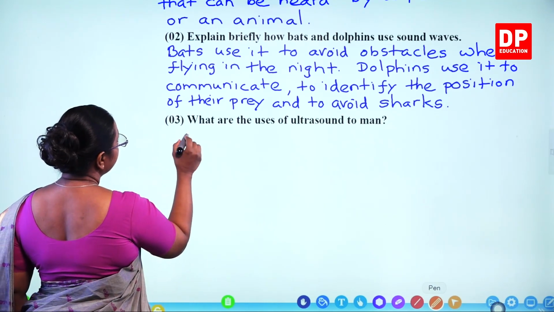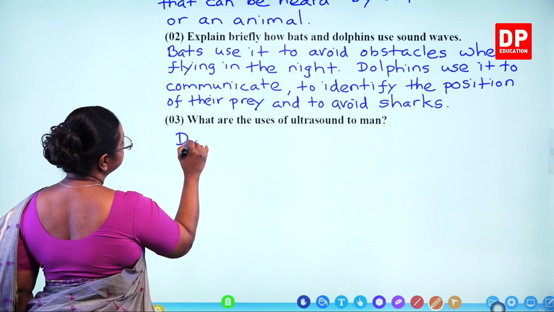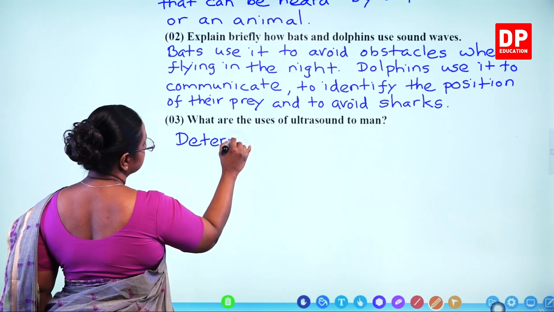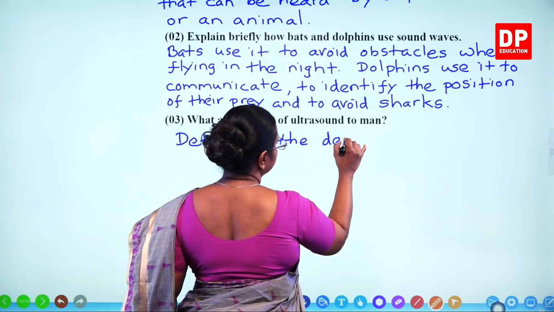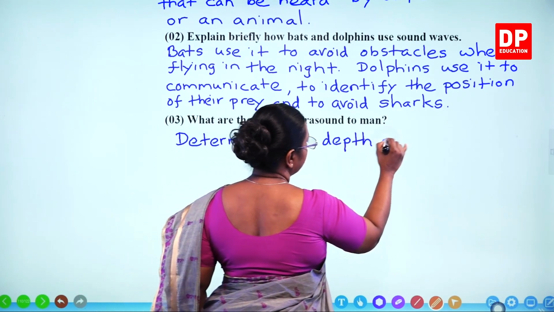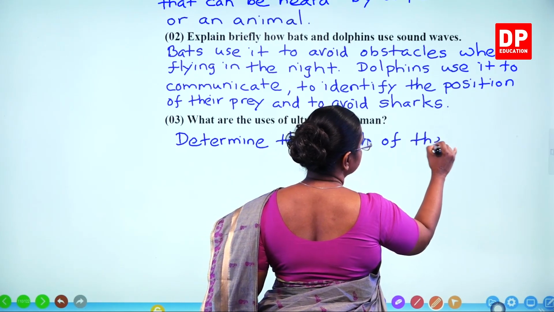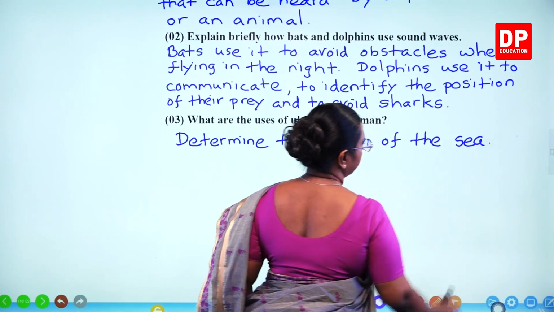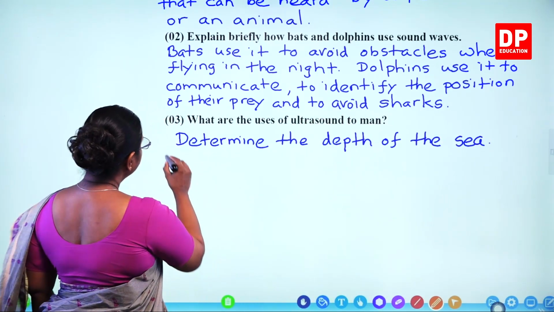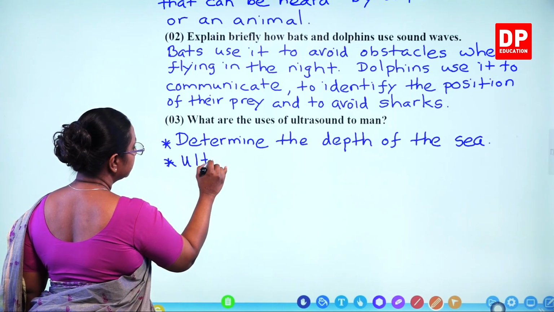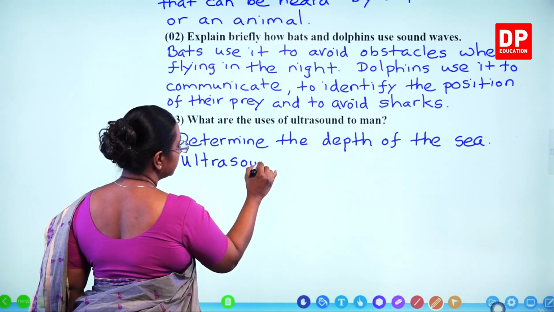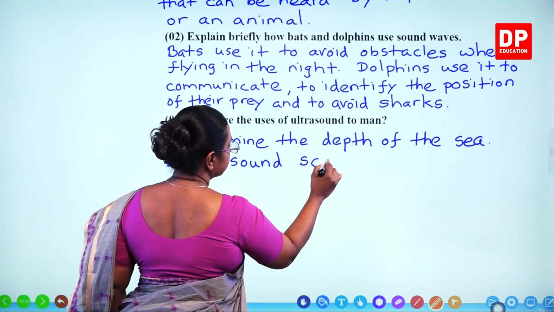We can say determine the depth of the sea. Then we have the ultrasound scan.